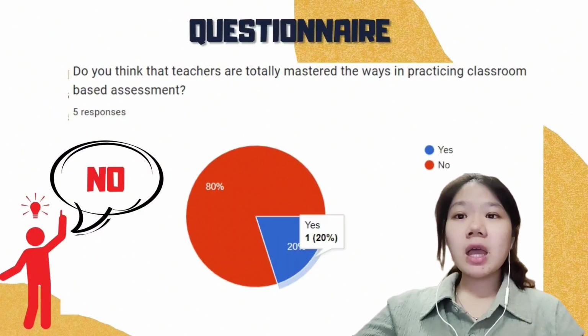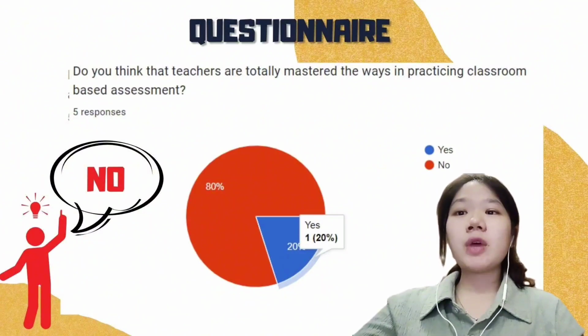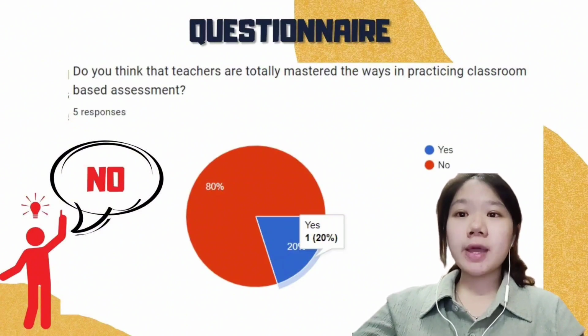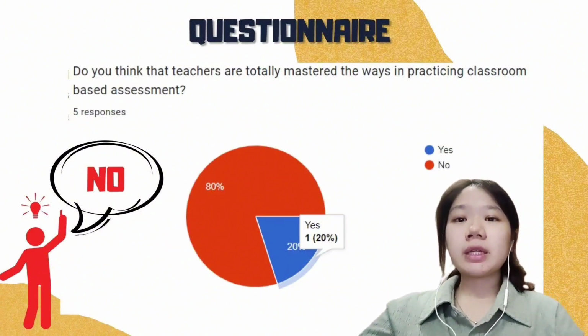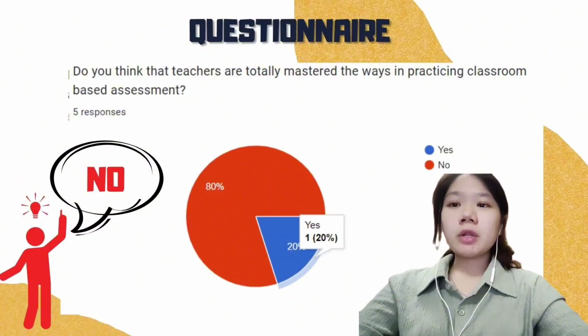At the same time, 80% of respondents think that teachers have not totally mastered the way of practicing classroom-based assessment. They think teachers are not ready yet to evaluate students by classroom-based assessment. So from the result of the questionnaire, we can clearly see that teachers think that they are not ready yet to evaluate students' understanding level by classroom-based assessment.